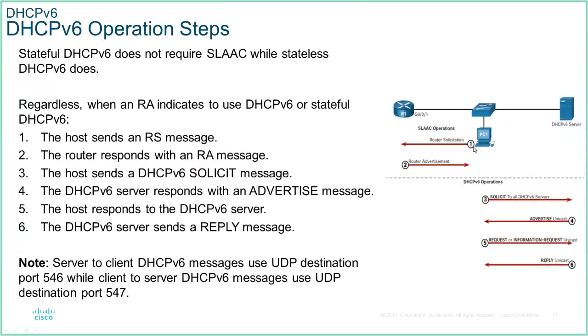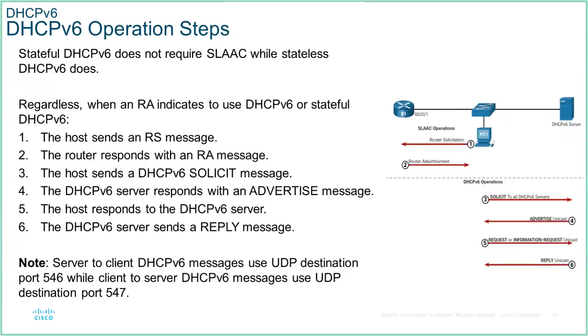Because it's v6, it sends out the router solicitation message to find out how it's going to be dynamically assigned, and the router advertisement message tells it it's going to talk directly to a DHCPv6 server, and then it goes through the four steps to get an address assigned from the server, just like v4 does.